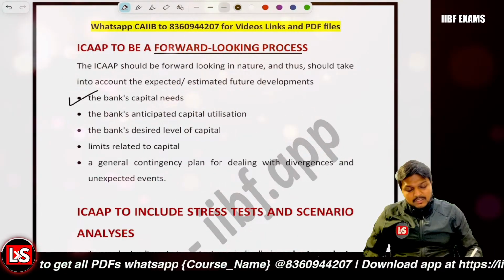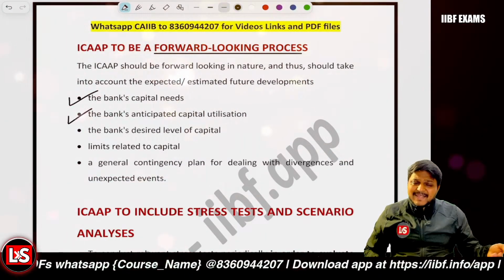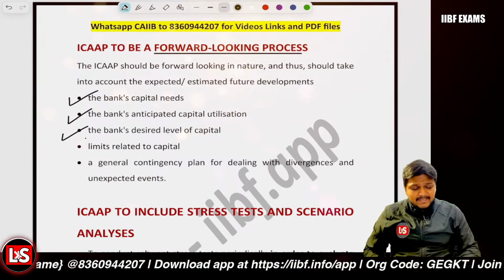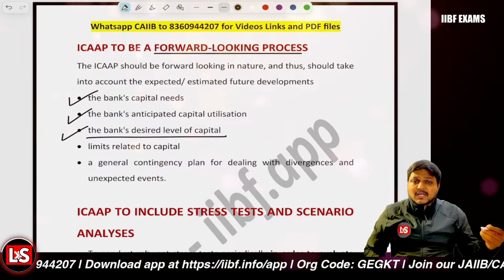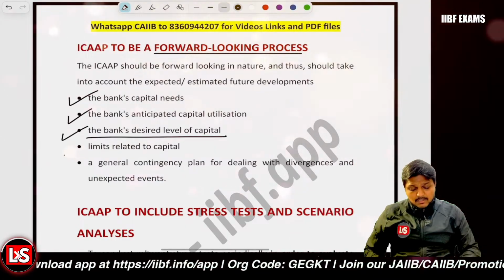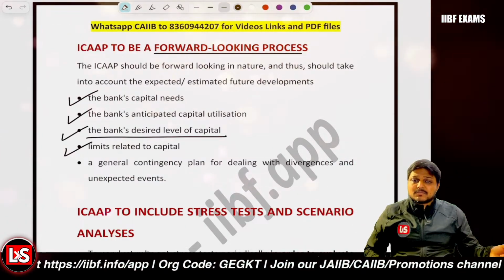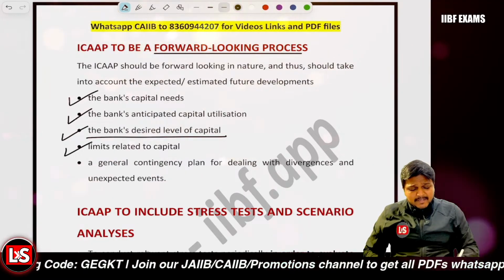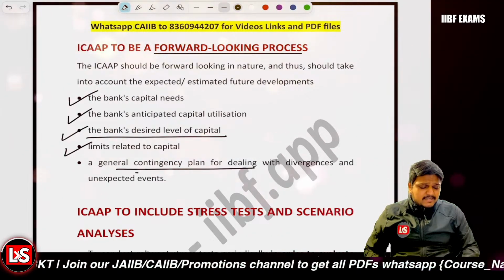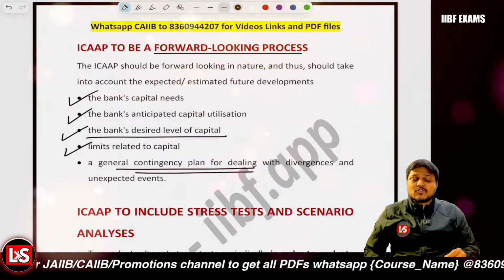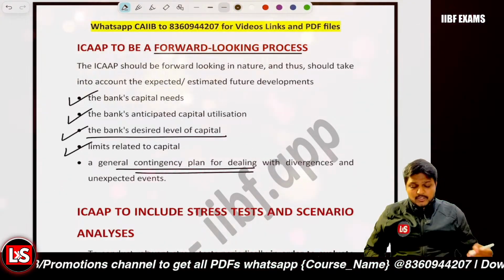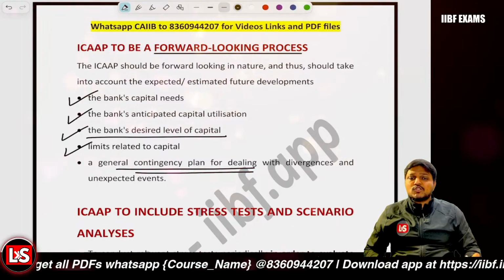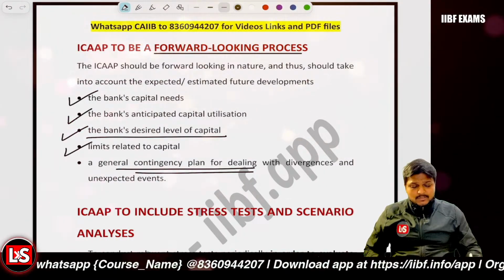If we talk about the utilization, like the expected deployment of the capital across the different business lines, bank's desired level of capital, like target capital buffer that we need to maintain, the limits related to capital means internal threshold for the capital adequacy, contingency planning, like if there is any contingency, if there is any risk which is crystallized or adverse scenarios are there, how we are going to basically come over that. So main purpose is related to what, that we want to ensure the sustainable capital adequacy.